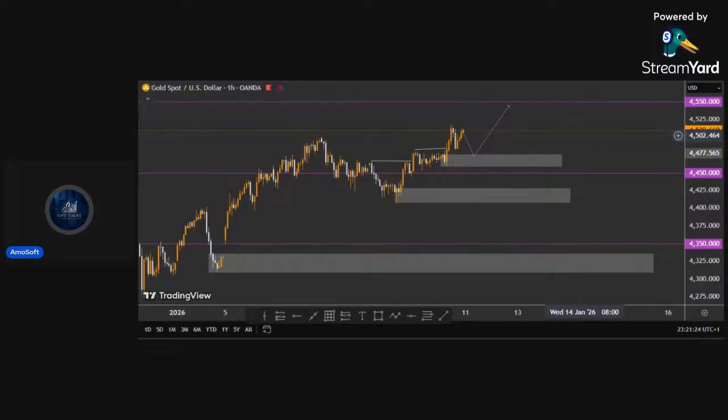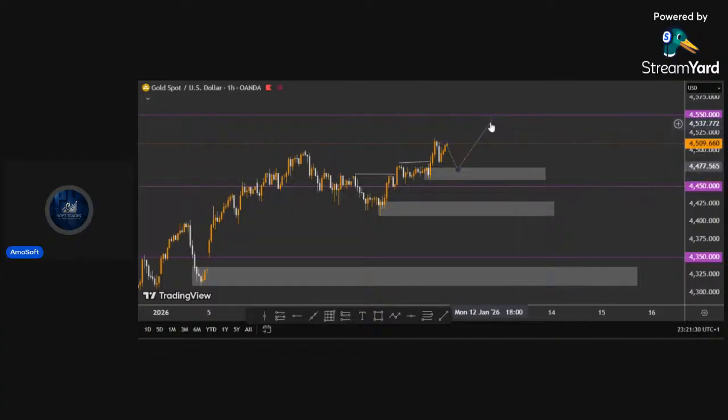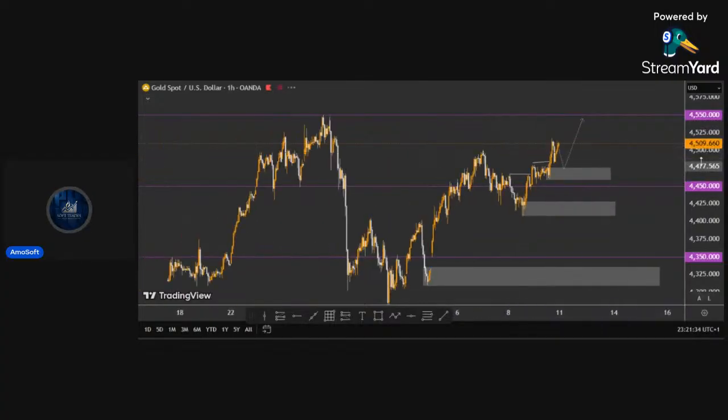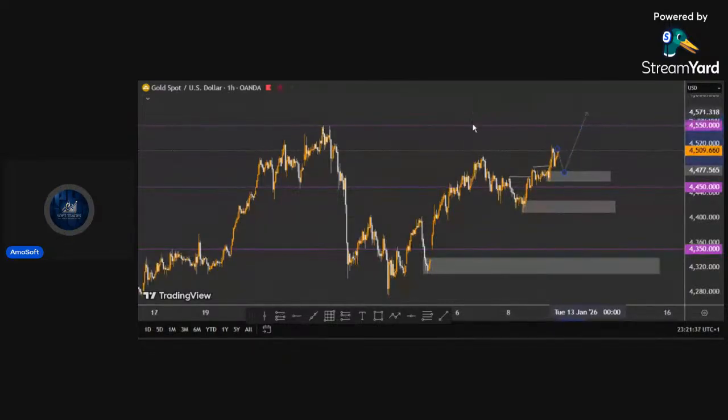The only thing that will make price not come down to that level is if we continue to see gold pushing above the psychological level over here, which is 4,500, and not rejecting. If we don't see a rejection from this level, then price is not going to come in to fill this opening gap over here.